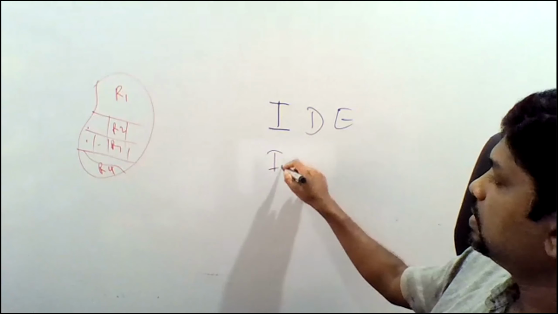In Python, they use IDLE because of a certain license issue or something like that. IDLE stands for Integrated Development Environment. Here you can see that IDLE stands for the Integrated Development Environment. Okay.